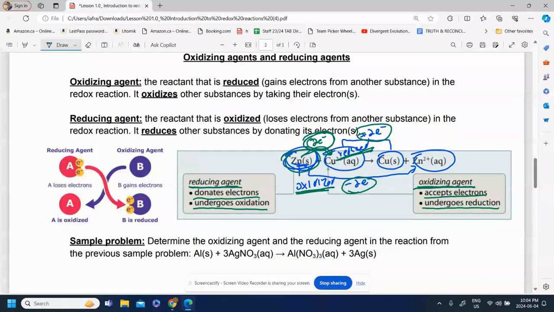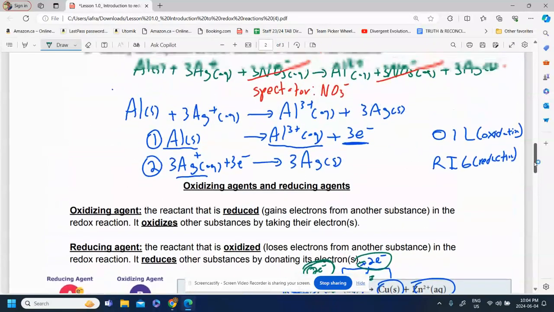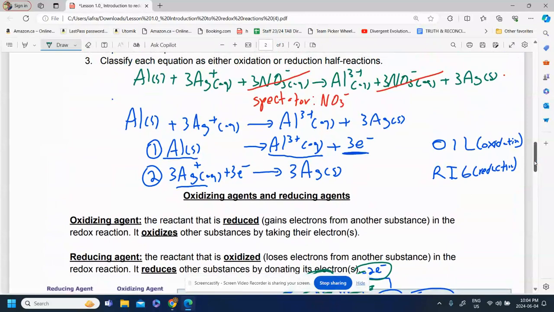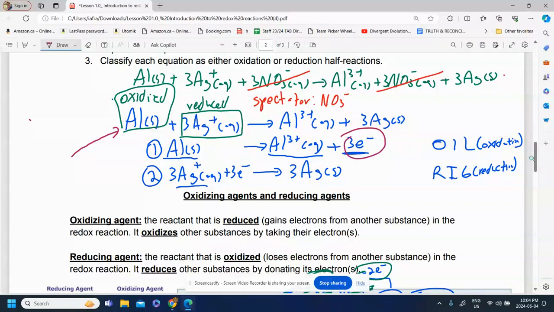So in our previous example, if we go up here, we know that aluminum was oxidized. So this aluminum here was oxidized. And the silver was reduced. So if you had to classify them in terms of being agents, the one that was oxidized, so the aluminum, was oxidized because it gave away its electrons to the silver.